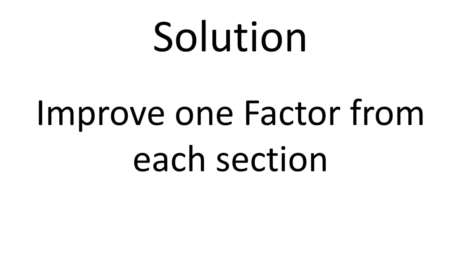So instead of focusing on all the 20 question types and on all the parameters on which those question types are scored, we are going to focus on one thing from each section. So if we can improve a little bit in some places, our overall score will improve. So that is what I'm going to tell you in the remainder of this video: which sections you should focus on, and what are the things that you should focus on, which will quickly show some results.